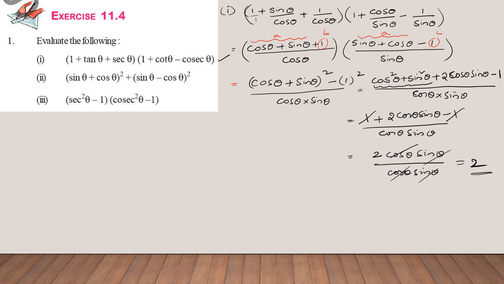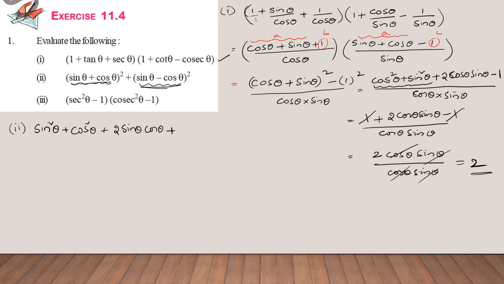Next, moving on to bit number 2. So what is bit number 2? Sin theta plus cos theta whole square plus sin theta minus cos theta whole square. So directly I am expanding it. It is in the form of a plus b whole square, and the other is in the form of a minus b whole square. So a plus b whole square formula is a square plus b square plus 2ab. So 2ab means 2 sin theta into cos theta.